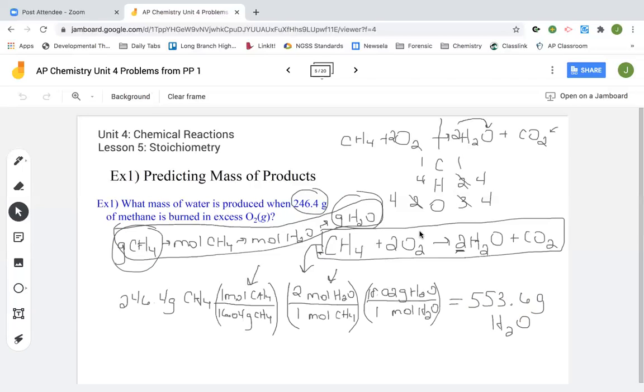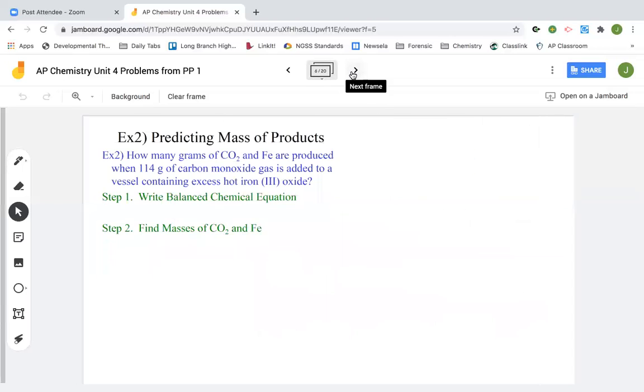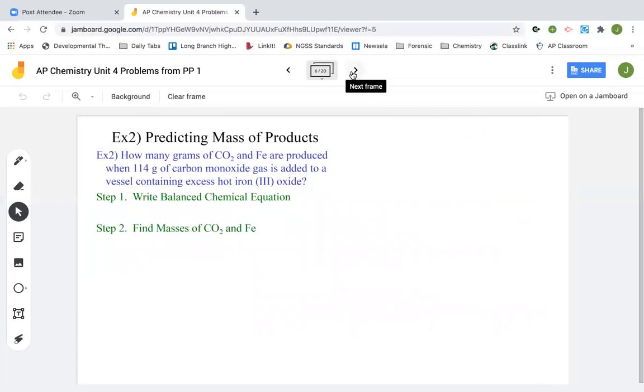And that's how we set up our stoichiometry problems when we're going from grams of one compound in the reaction to grams of another compound in the same reaction. So the next problem I want to look at is predicting the mass of 2 products. So we're going to set it up the exact same way.